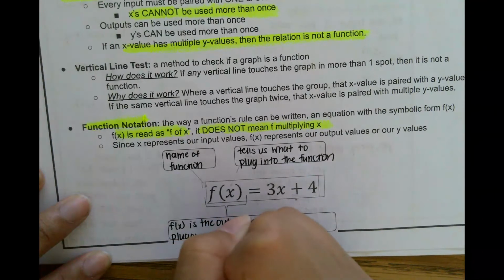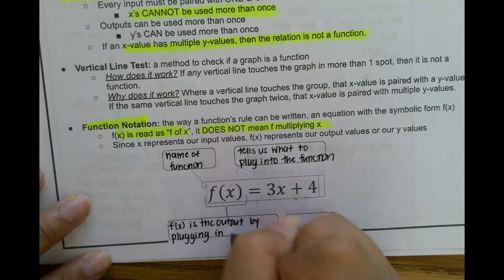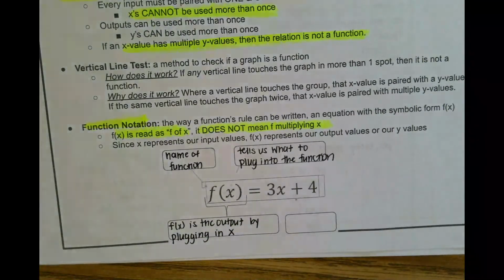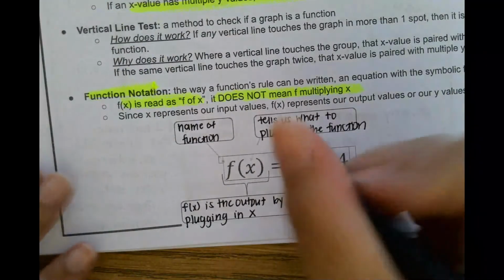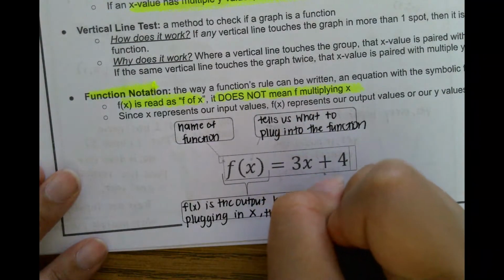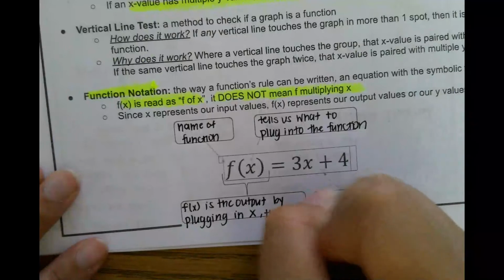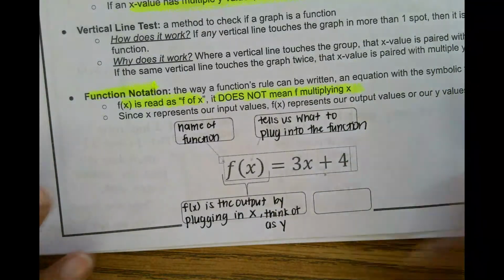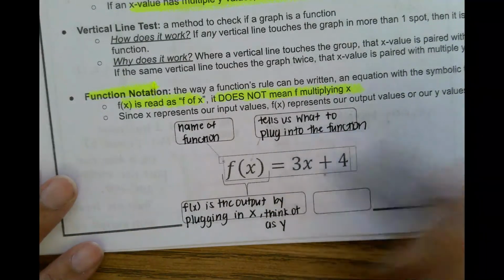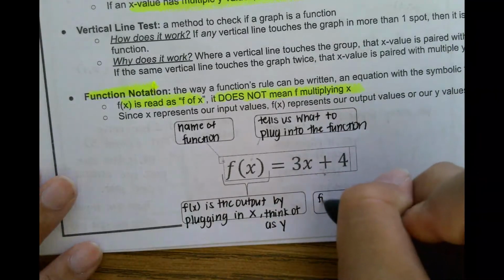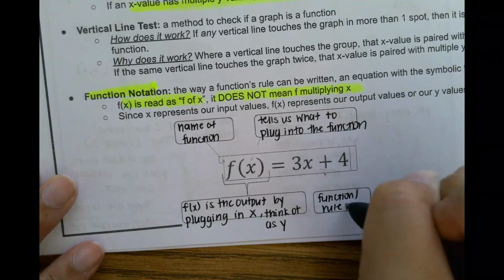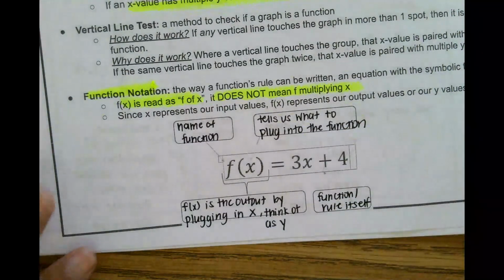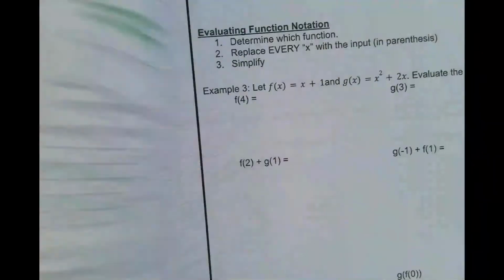Think of it as a machine: x is the materials we put in, and f of x, the output, is what we get out. So think of f of x as y. And all of this, the 3x plus 4, is the function or the rule itself.